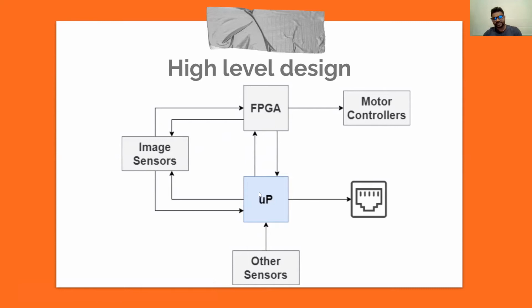In that case, we designed Linux drivers and things like that in order to interface the FPGA, the image sensors, and the motors, and all the other sensors.